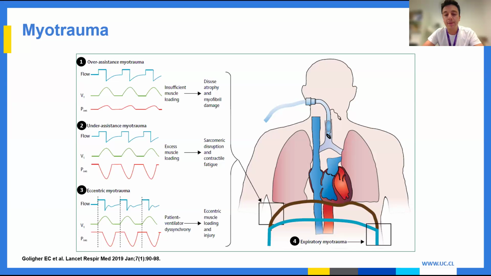In this case, some dyssynchrony may activate the diaphragm when the diaphragm is lengthening. So with dyssynchronies like reverse triggering, premature cycling, and ineffective effort, you will have an activation while the diaphragm is lengthening. And then there is another mechanism, expiratory myotrauma, which is not related to the effort, it's more related to the end-expiratory level.